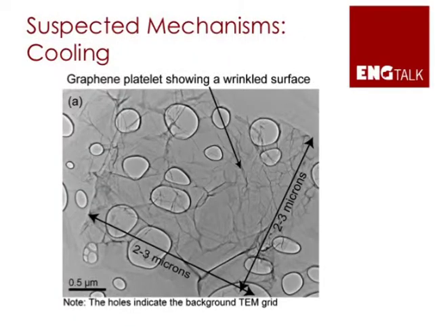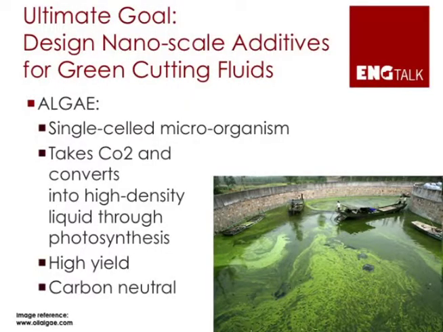The ultimate goal of this work is to design graphene platelets for use with green cutting fluids. One particular cutting fluid that we are interested in is the oil that we get out of algae. Algae is a single-cell microorganism that grows in common places like ponds and other water sites.